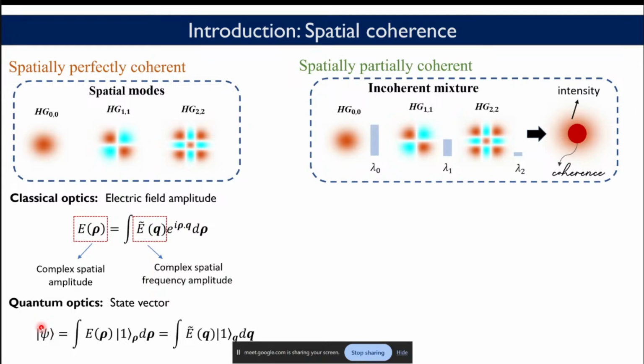As in this example, one can think of this 2-point correlation function as a mixture of different Hermite-Gauss modes. And in the quantum case, like this classical wave, if I think about a photon, one can say a single photon is a mixture of these different spatial modes. In that case, one cannot represent it by a state vector, and one needs to introduce the density matrix representation. So in the quantum case, this 2-point correlation function becomes the different elements of the density matrix.